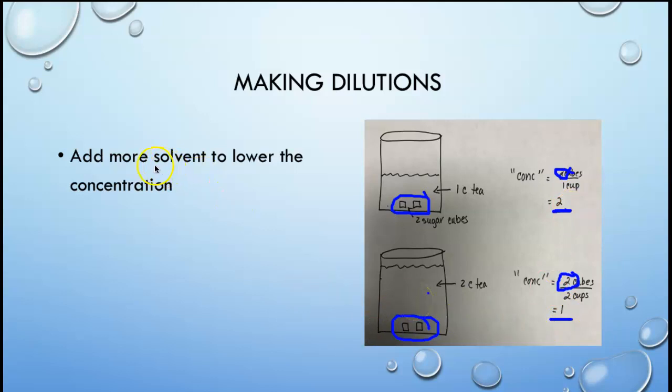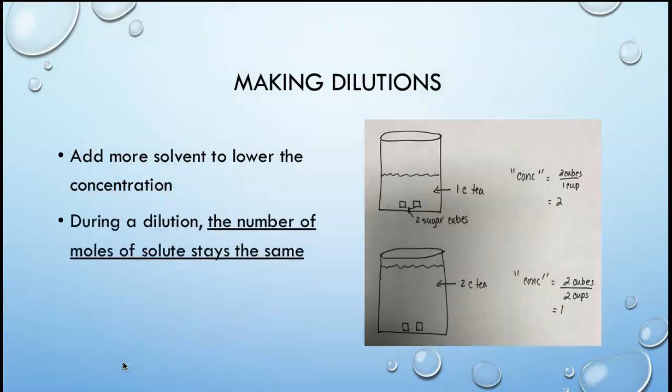You're just adding solvent, but the amount of solute does not change. So when you are making a dilution, you are adding more solvent, but the number of moles of solute is going to stay the same. So that's going to enable us to come up with a formula that will make it easy to make dilutions.